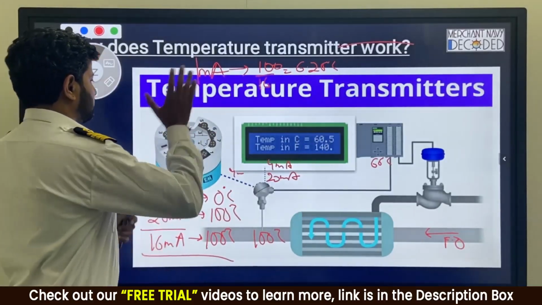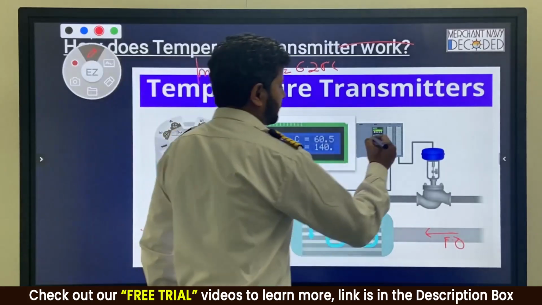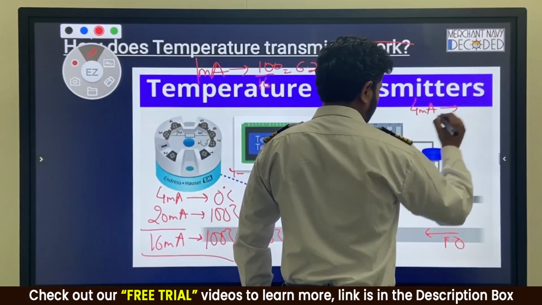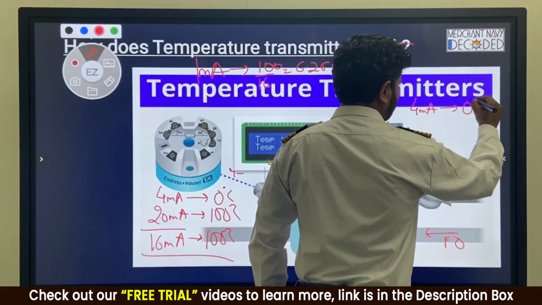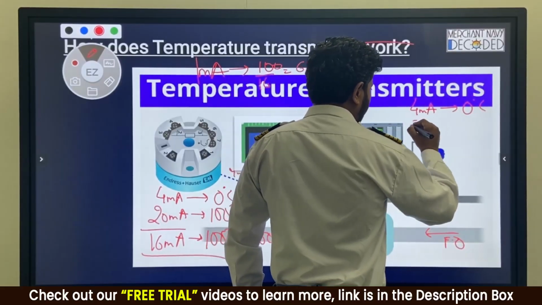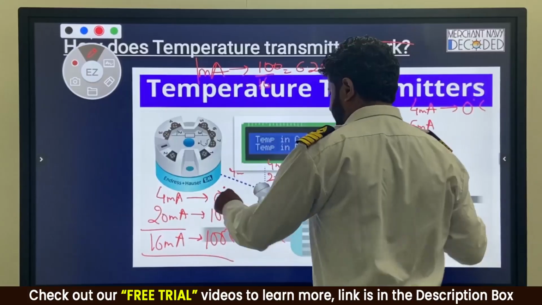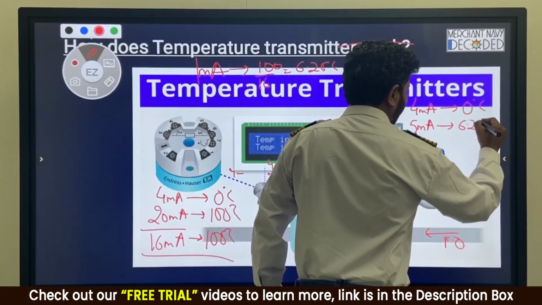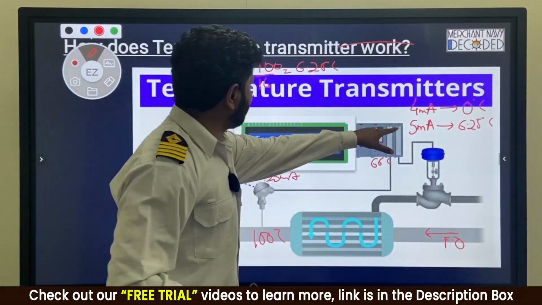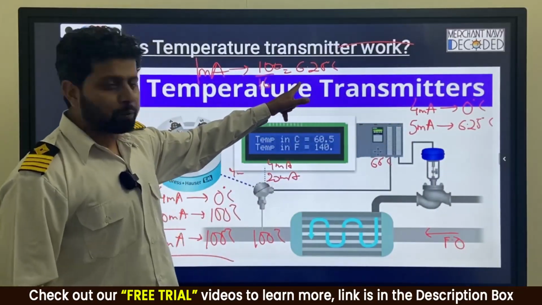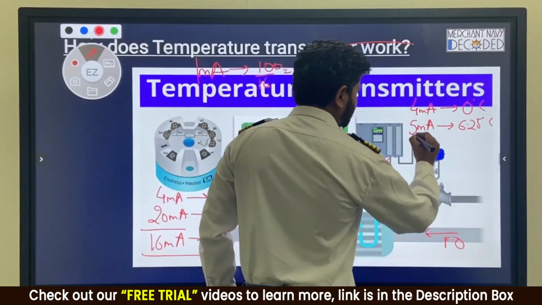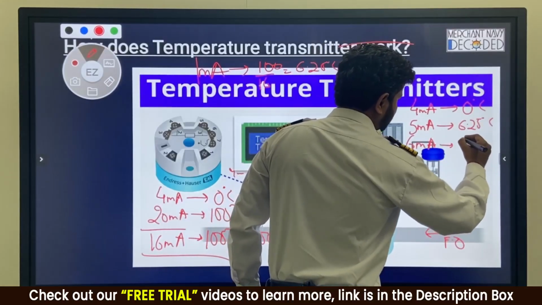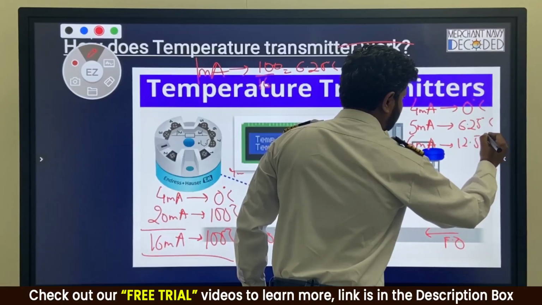When the current is 4 milliamps, the temperature is 0 degree centigrade. When it shows 5 milliamps, the temperature is 6.25 degree centigrade, because for every 1 milliamp increase there is an increase of 6.25 degree centigrade. So when it is 6 milliamps, it will be 6.25 into 2, that is 12.5 degrees centigrade.